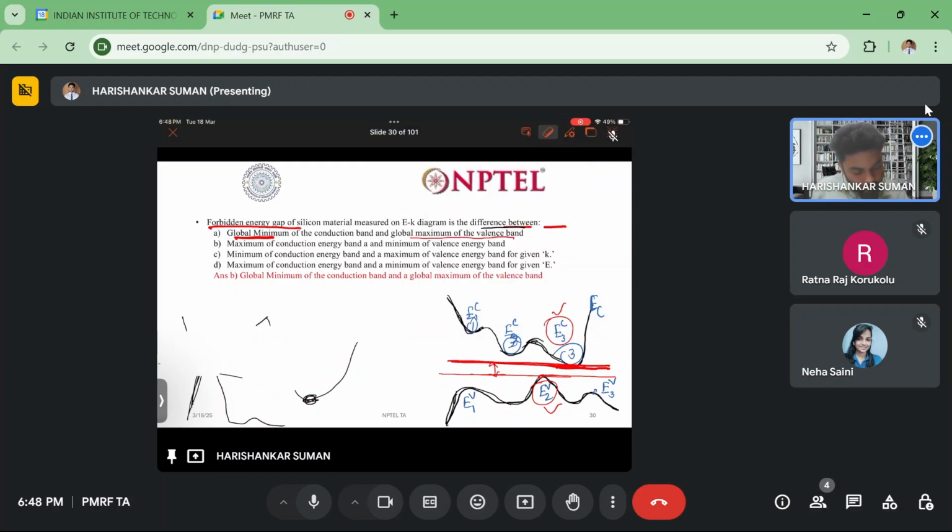Let's say you have two minima and one maxima like that. So this is the global maxima and this is the global minima. The difference between these energy levels is known as the forbidden energy gap: the global minimum of the conduction band and the global maximum of the valence band. Okay.